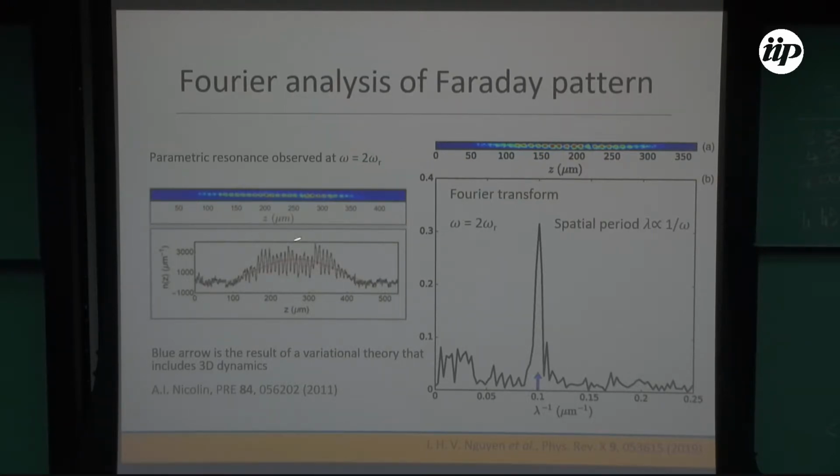So here we have a typical shot, okay? Sorry for the poor quality of the figure here, but basically that's it. It's very similar to what people saw before. We decided to take the Fourier transform of that and see what kind of spatial frequency we have. And we were modulating around here.